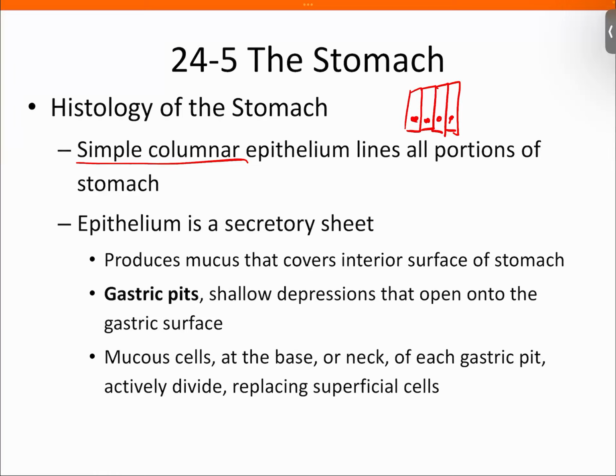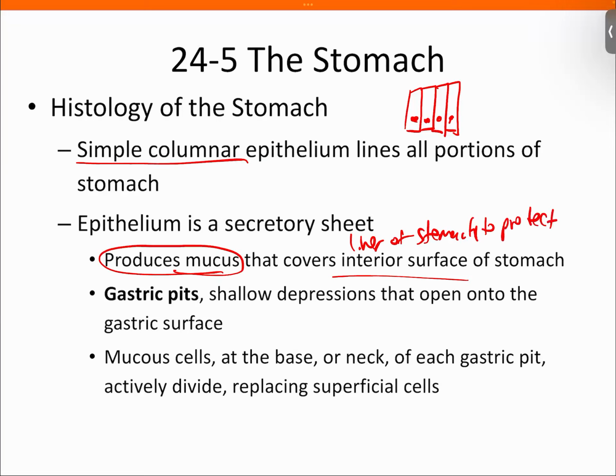And so this is a sheet of cells. Some of them will produce mucus, and that's really, really important because this becomes like the liner of the stomach, to protect the mucosal epithelium.